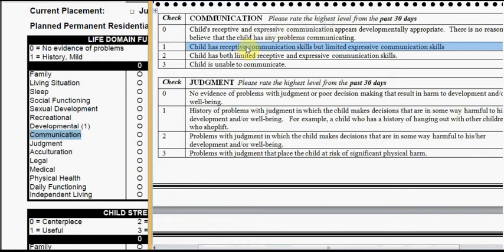Right? So having receptive communication skills seems to be more important, and the child would still be a 1 if the receptive skills are okay, but the expressive communication skills may be limited. At 2, both receptive and expressive communication skills are limited, and in 3, the child is unable to communicate.